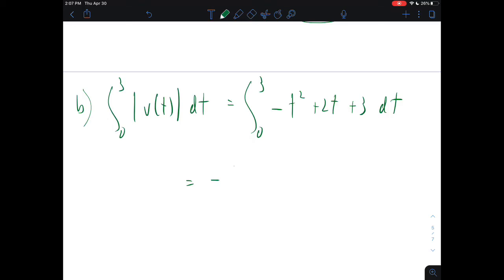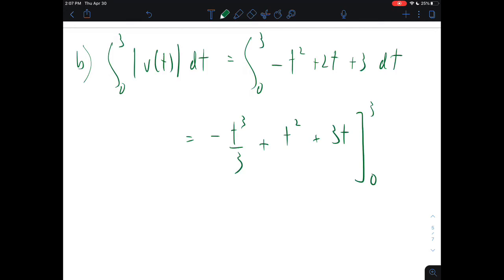So then we get negative t cubed over 3 plus 2t squared over 2. As you get used to this, the antiderivative of 2t is just t squared. And then the antiderivative of 3, we already said was 3t. And then I need to plug in 3 first, and then 0.